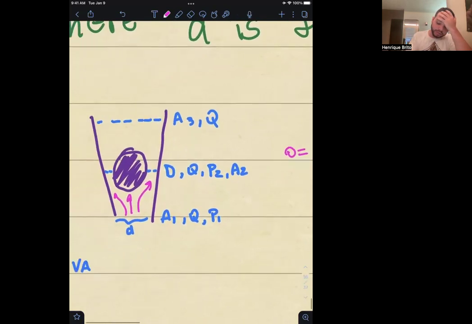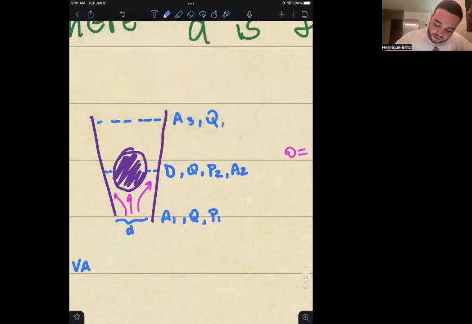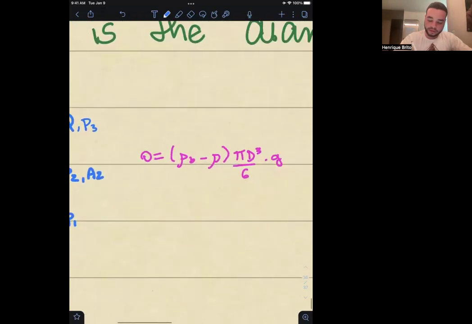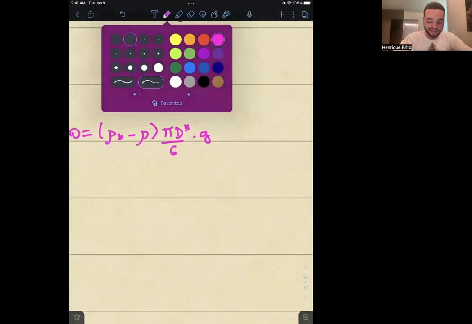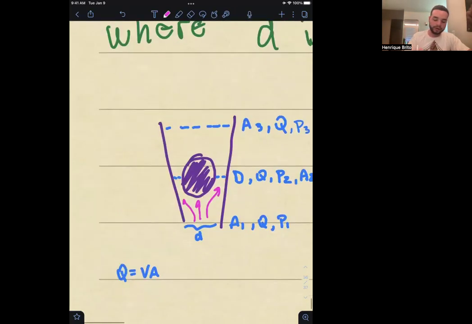Sorry, I forgot to add this, but up here we also have P3. We need to account for those pressures in our balance equation. So we have P minus P3, or rather the P1. We forgot to define this.